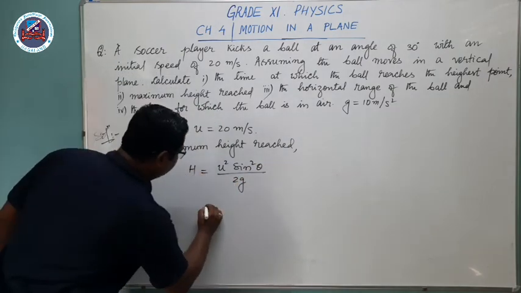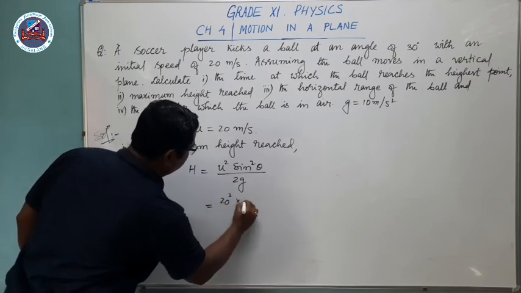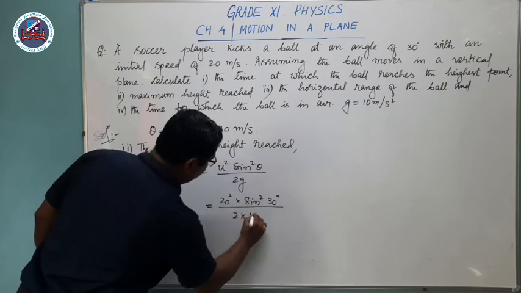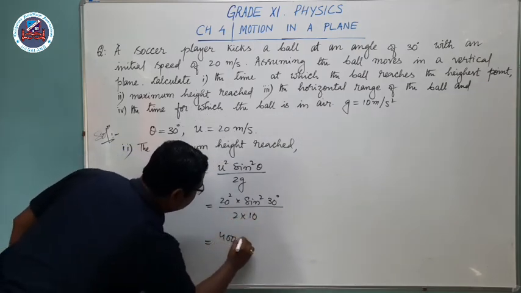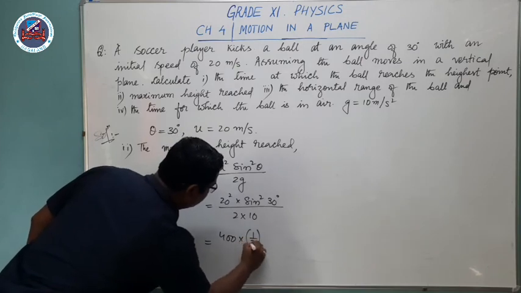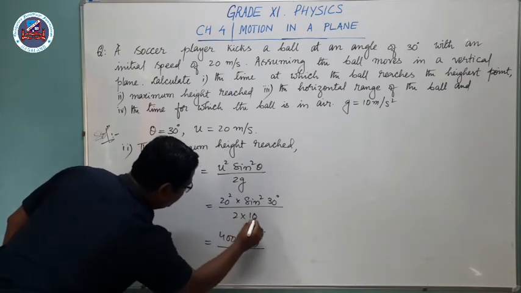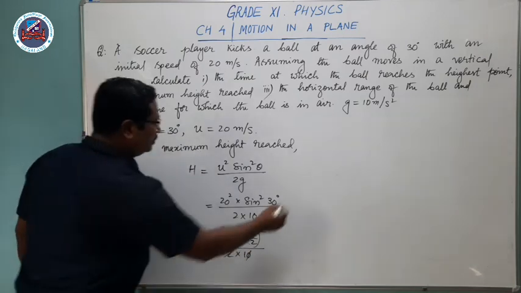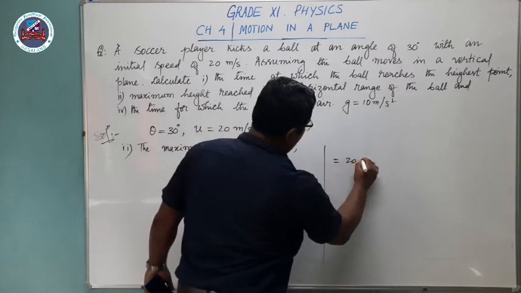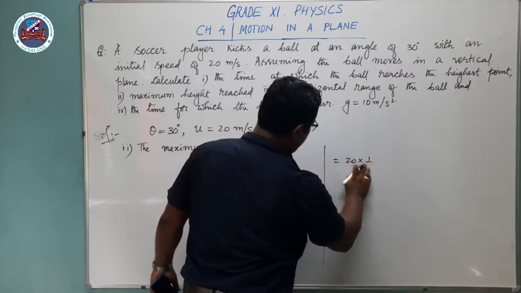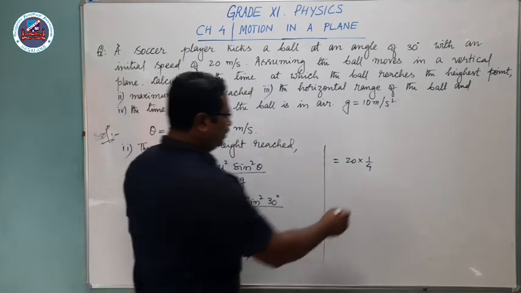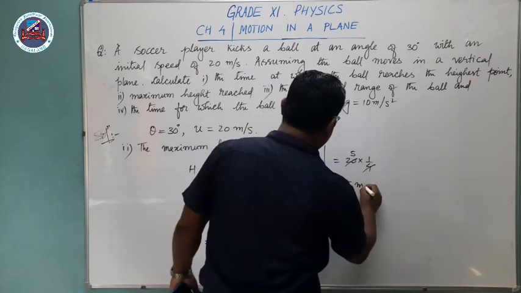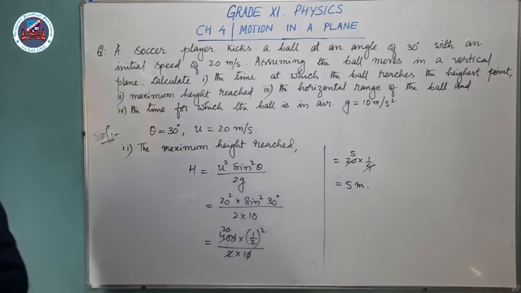So here also you put the values: u square, 20 square, into sin square 30 degree, divided by 2g, which will be 2 into 10. This is 400 into sin square 30, that is 1 by 2 square, divided by 10 into 2, and cancel it, 2 20s are 40, so it will become 20 into 1 by 2 square, so 1 by 4 it will become, then 4 5s are 20, this is 5. Height you are finding out, so you write meter. Like this you can calculate it.